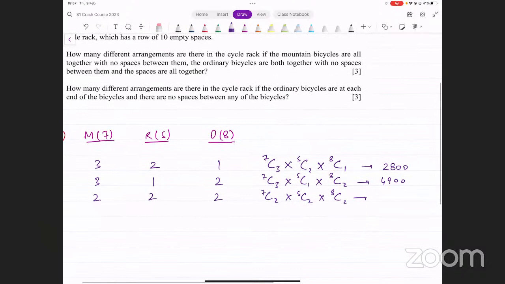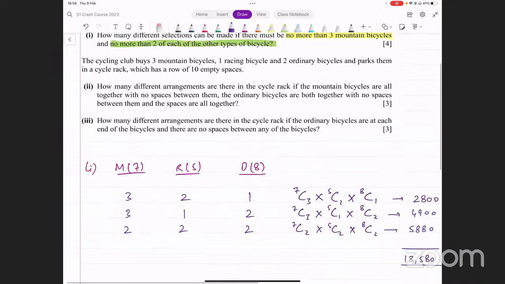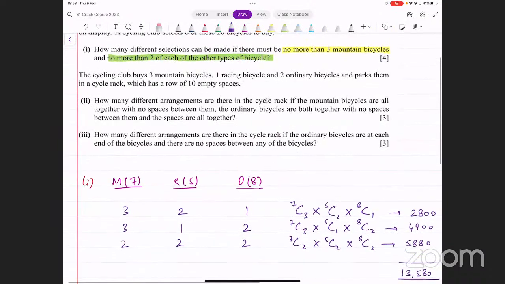And the last one gives us 5,880. Now we just need to add all of them up because it could be any one of these cases. And that turns out to be 13,580. That's the total number of possible selections we could do in this case. All right. That's the first part.